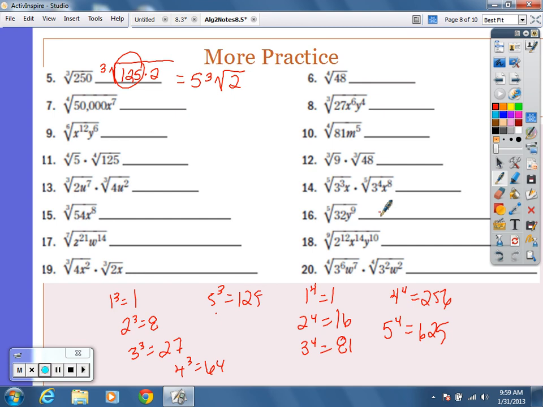Okay, I think that you know what it should be. 10 to the 4th, right, is 10,000. So let's change this to 4th root of 10,000 times 5.